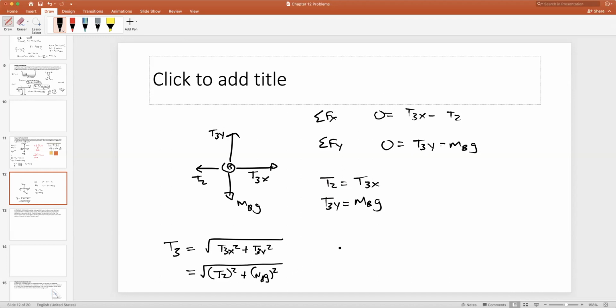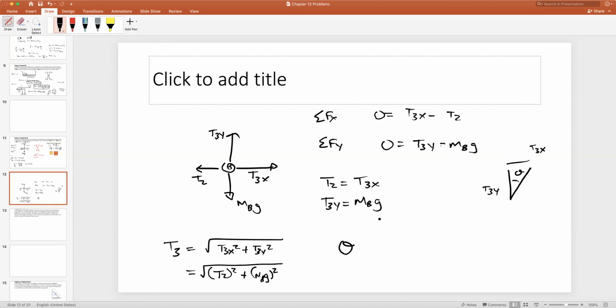Then for the angle, I have to be a little bit careful because what they're actually asking me for is this angle. And so my Y here is my T3X and my X here is my T3Y, you know, my traditional, I don't want to call that X and Y. Let's just put it that way.